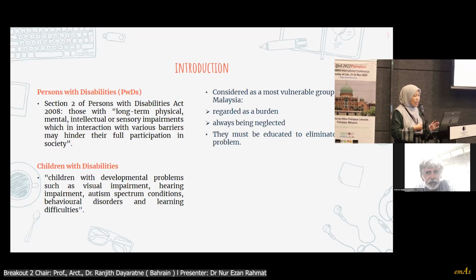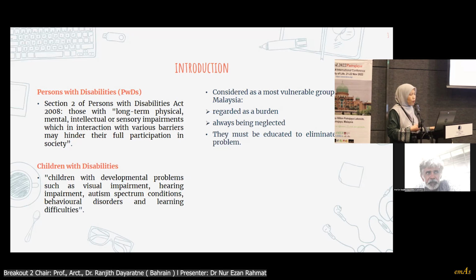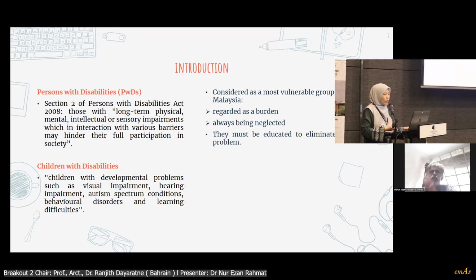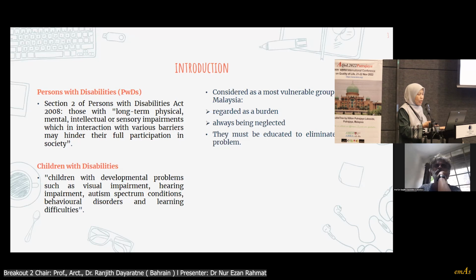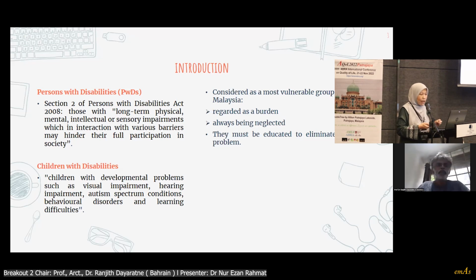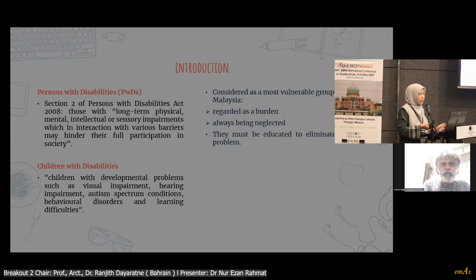Children with disabilities is defined as children with developmental problems such as visual impairment, hearing impairment, autism spectrum conditions, behavioral disorders, and learning difficulties. Because of the problems and limitations they face, there are many issues relating to these children.